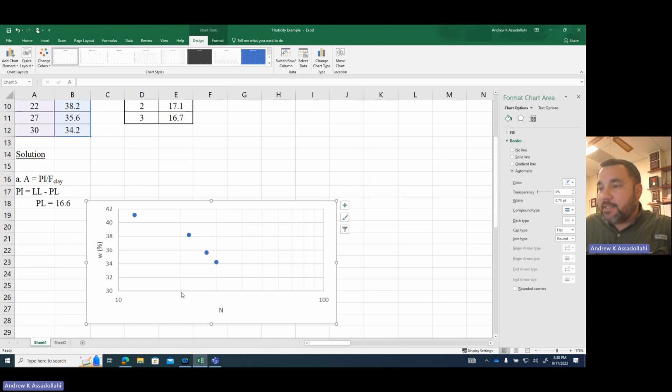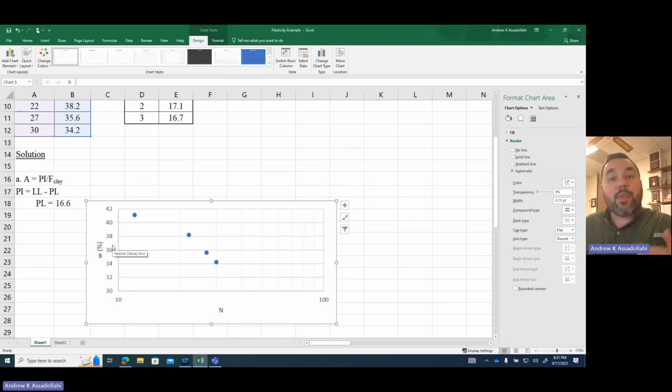So I would need to recognize that this is 10, and this line represents 20, and then 25 will be somewhere about here. I would come up to where a best fit line would be, and move on over, and I would read off a moisture content, in this case, somewhere between 36 and 38, okay? So again, on a paper-based or computer-based exam, you would probably have to read this visually, okay?